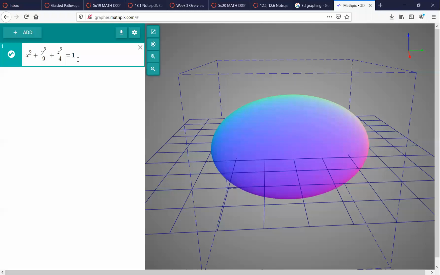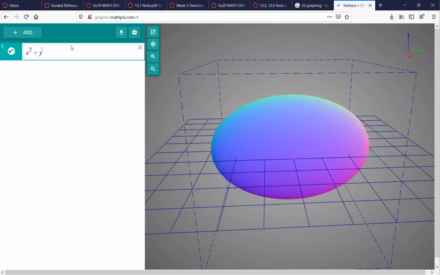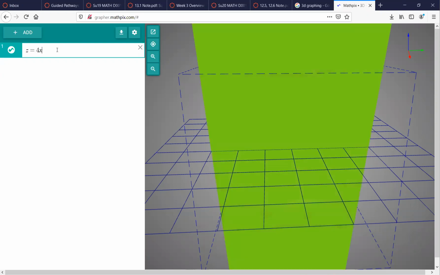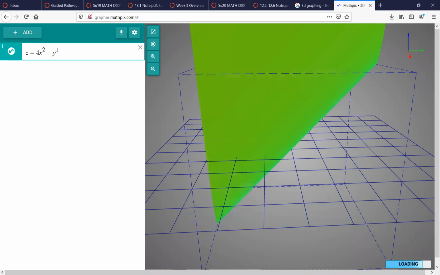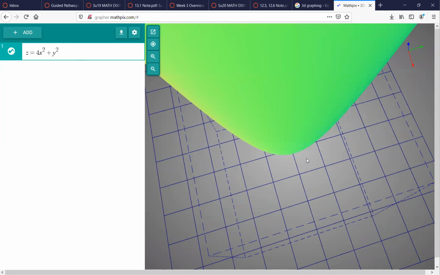And finally, let's take a look at the last equation. z equals 4x squared plus y squared. There you go.